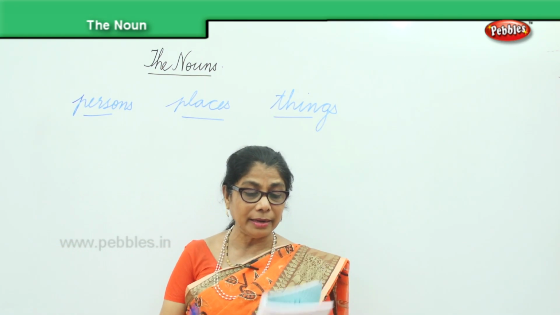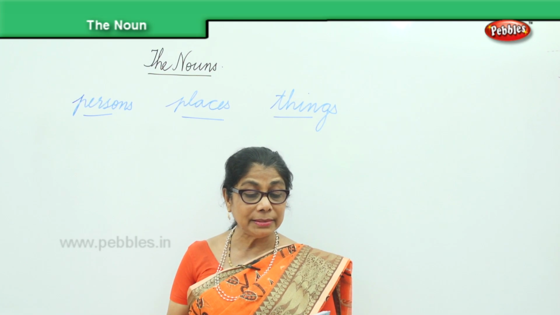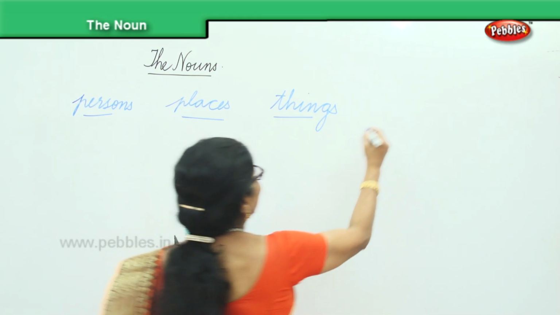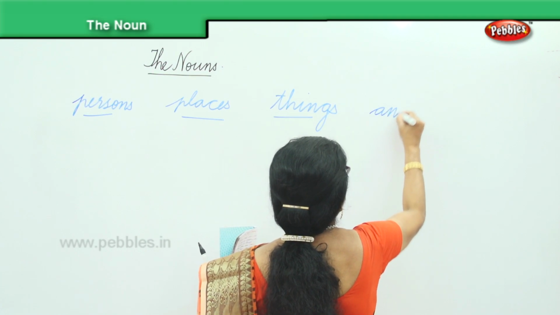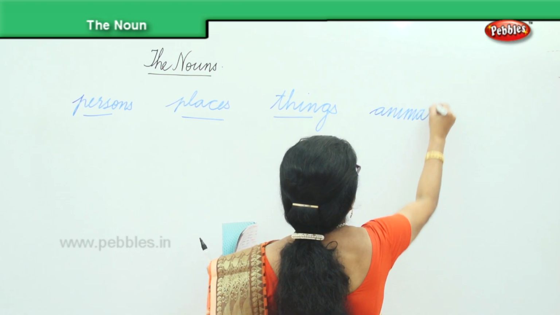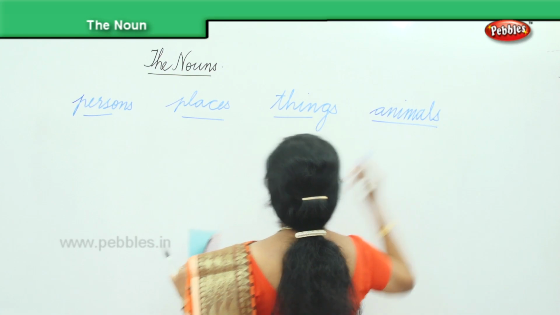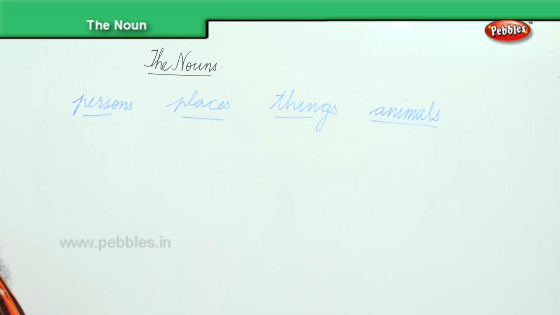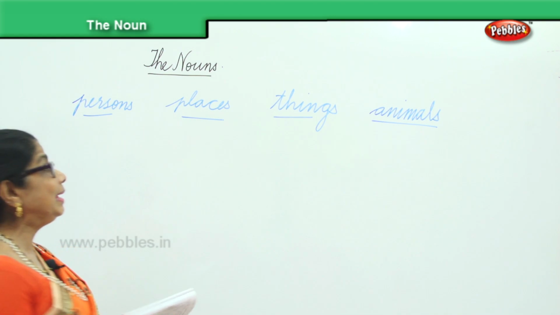All these are noun. Person, places, things. We can also include here animals. Now, all these are nouns. What are nouns? Nouns are naming words.